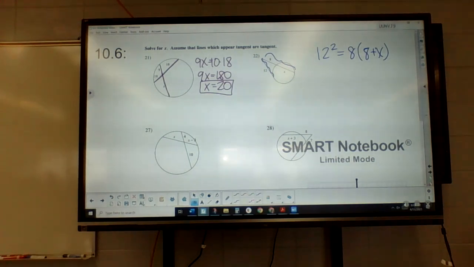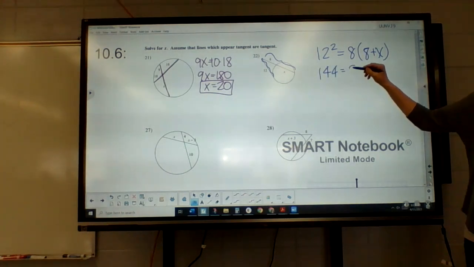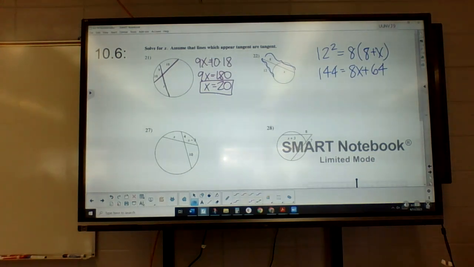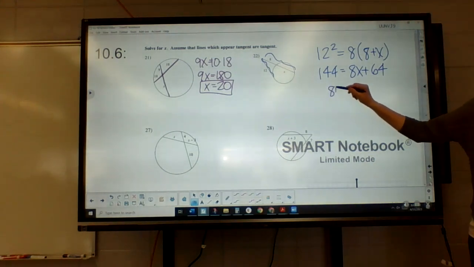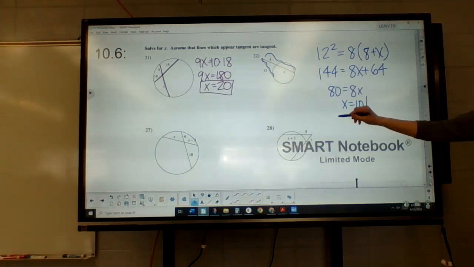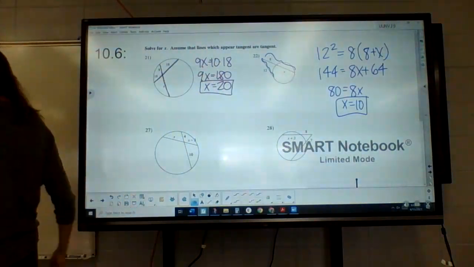We do 8 plus x, not 8 times x. And we square the tangent. I'm going to move that 64 back over. Get 80 then. And again, there should be no degrees here because those are segments.